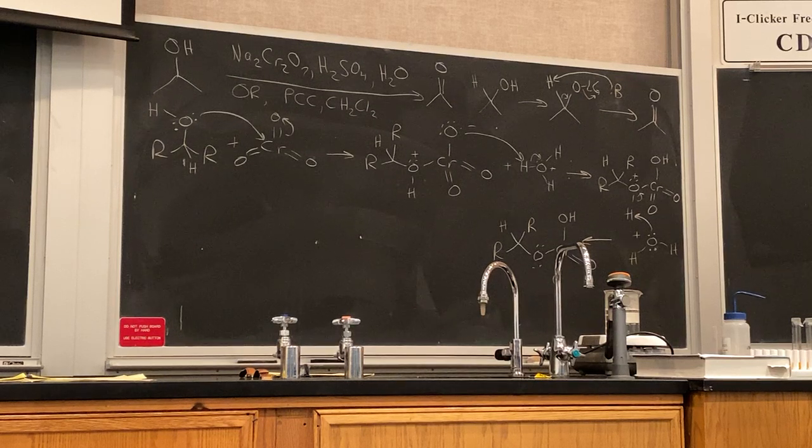And those two steps are faster than making a four-membered transition state that's going to be relatively high in energy. So it's much better to draw the mechanism of this reaction in this fashion with two consecutive intermolecular proton transfer steps. Any questions? Okay, Parker.